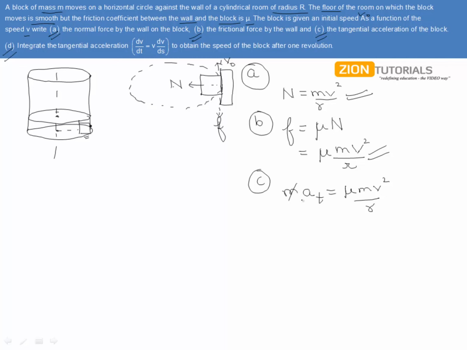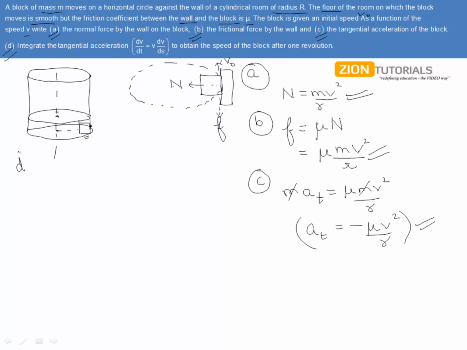Cancelling the factor of m, tangential acceleration is minus mu v square by r, because this is actually a deceleration. If velocity is in this direction, then friction is opposing it in order to reduce the relative motion. So here we get the answer for the third part.